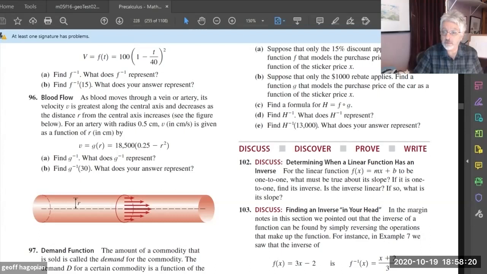And the radius of a cross-sectional circle is indicated here as r. The velocity of the blood depends on how close to the boundary. At the boundary, the velocity is 0. As you get more towards the center of the tube, the velocity increases. It sort of is indicated by these arrows. And there's a function given for that, and they want us to find the inverse.